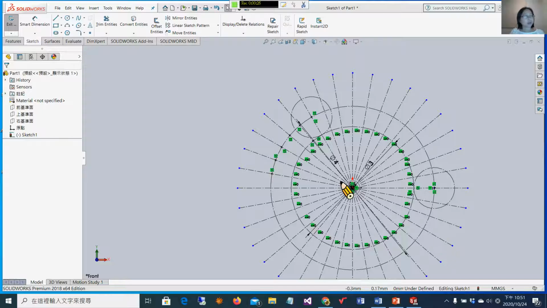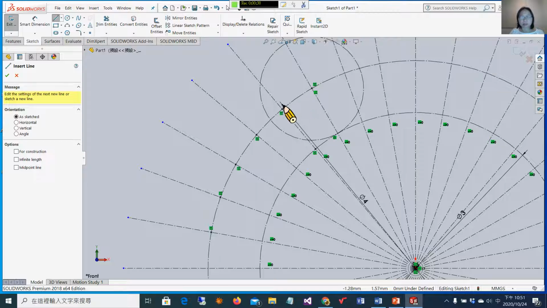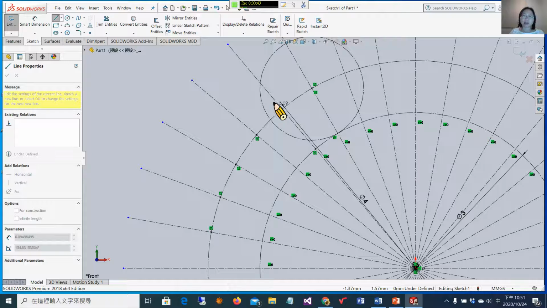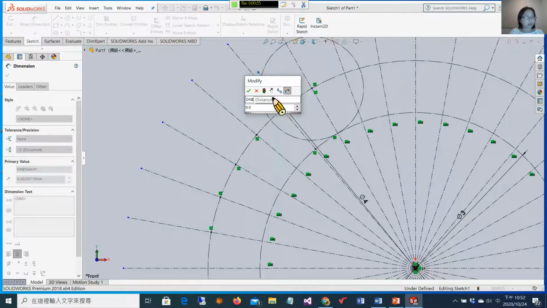So I draw a line segment from the prime circle to here, and give it a length of 0.0536 inch, and enter.